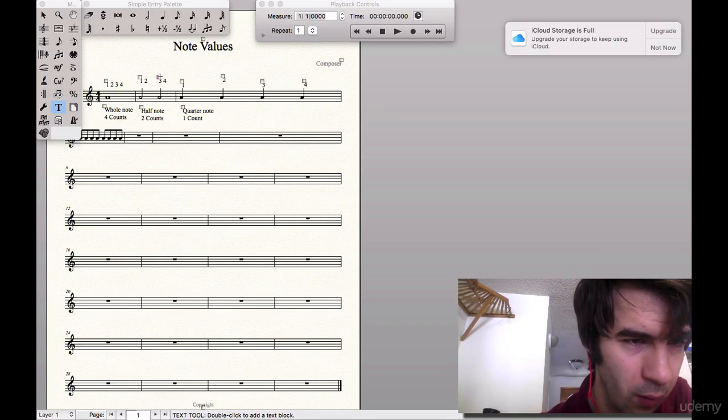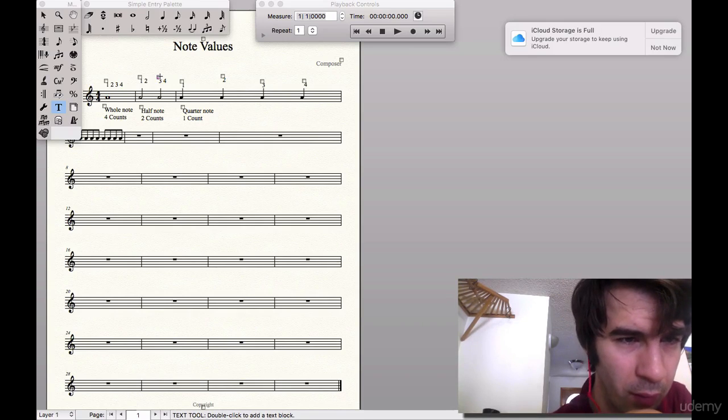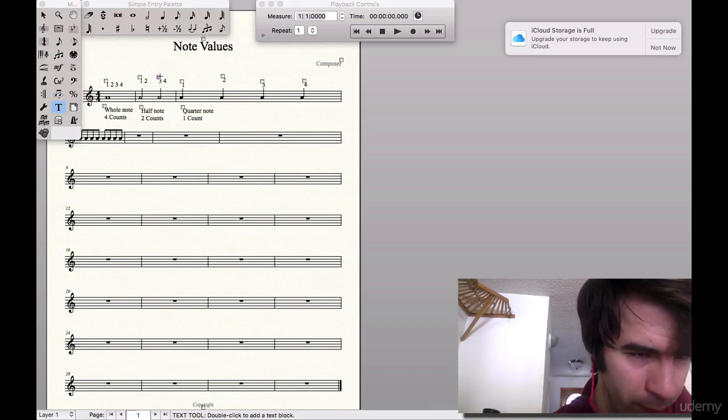You got your whole note, 1, 2, 3, 4 all at once, but you hold it for 4 counts. You got your half note, which is 2 counts each, with 2 quarter notes in each. 1, 2, 3, 4, and then you have your quarter note, which is the unit in 4/4 that is being talked about, and that is 4 quarter notes, counted like 1, 2, 3, 4.